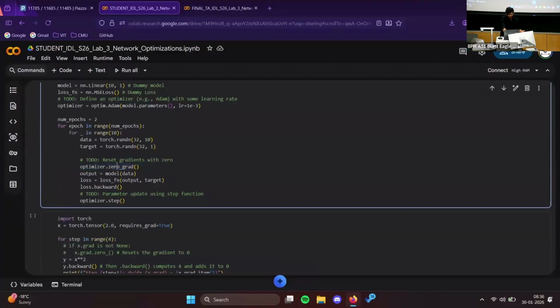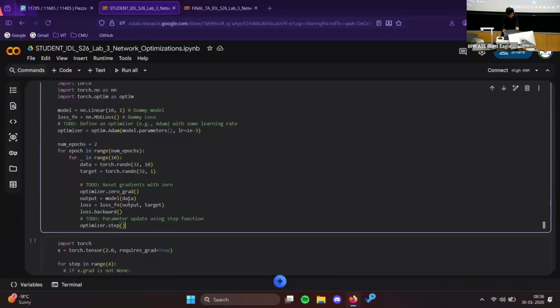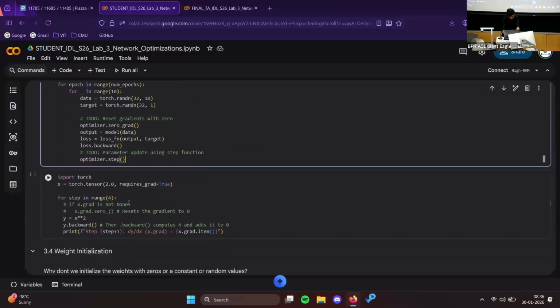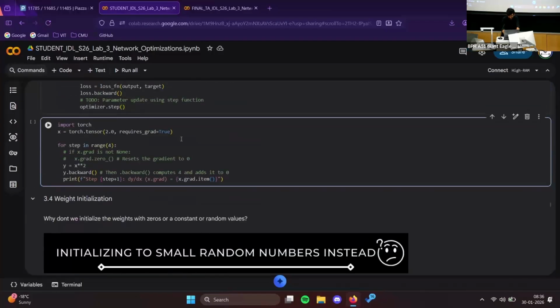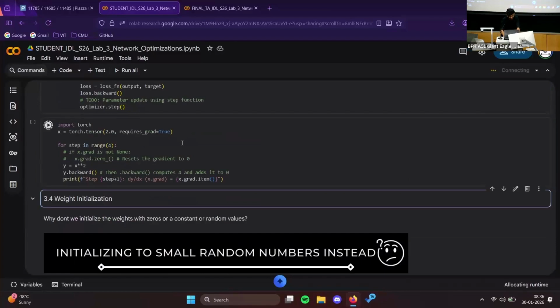If you don't zero out the gradients, the final gradient will be 5 when we are doing optimizer.step. So it's not optimal, and we don't need it here. But this kind of feature is there in PyTorch because it will be helpful in some situations, such as gradient accumulation, which we'll talk about later. And if you run this cell, you can see how the gradient accumulates.